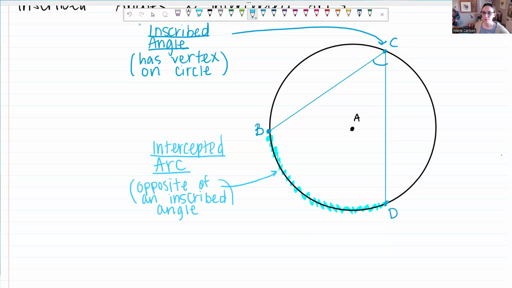And we can actually talk about the measure of the intercepted arc in relation to the inscribed angle. So this is the inscribed angle theorem.